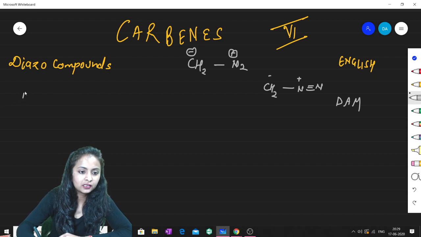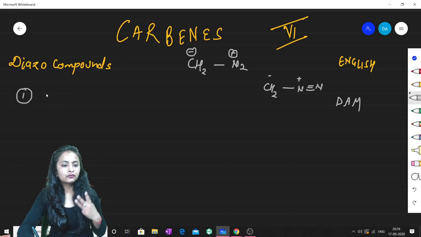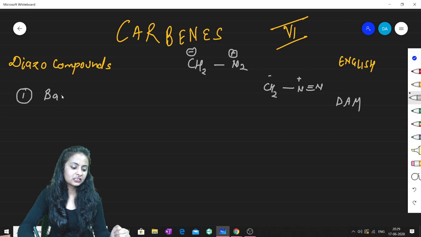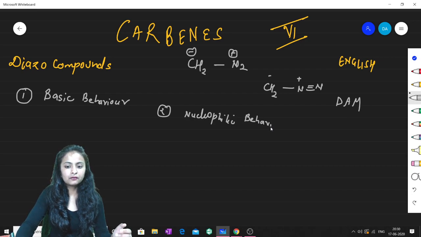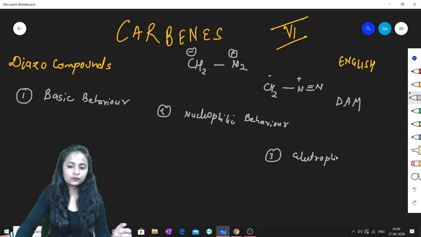Let me tell you one thing: this diazomethane can have three types of character. First, it can have basic behavior. Second, it can have nucleophilic behavior, and it will also have electrophilic behavior as well.